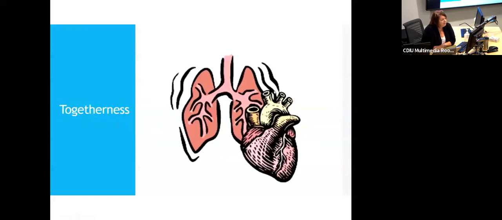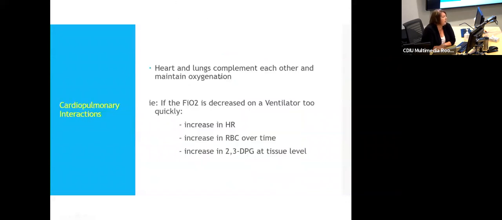Remember that we talked a little bit about this in our earlier presentation, that the cardiac and the respiratory systems are friends. So if one of them is lagging behind, the compensatory mechanism will be the other system. So these cardiopulmonary interactions are not mutually exclusive. They go together.